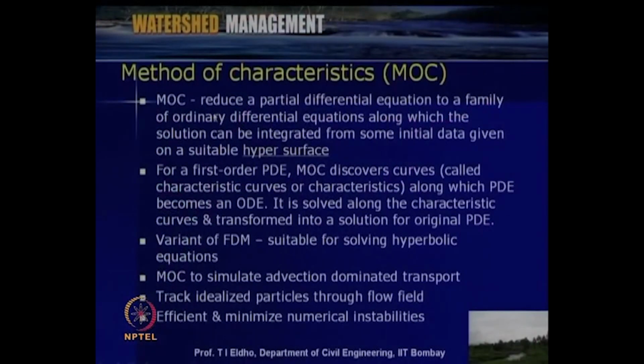Another important method which we use in water resources is the so-called method of characteristics, which is also one variant of the finite difference method. In this slide you can see the details. MOC reduces a partial differential equation to a family of ordinary differential equations along which the solution can be integrated from some initial data given on a suitable hypersurface.